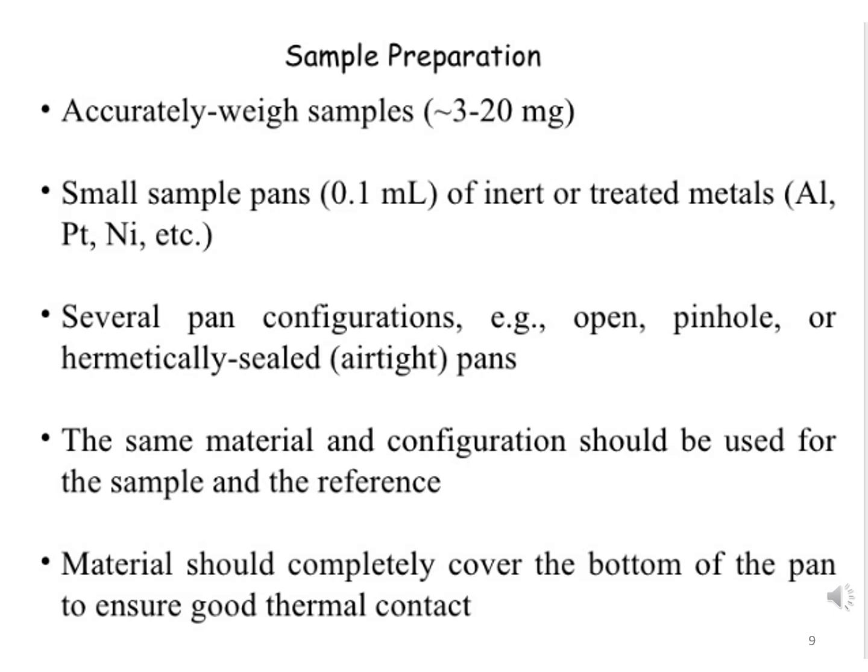We should ensure that the pan does not react with our sample. Several types of pans could be used for analysis, open or airtight. It depends on which kind of material we are going to analyze, so we select our pan according to that material.